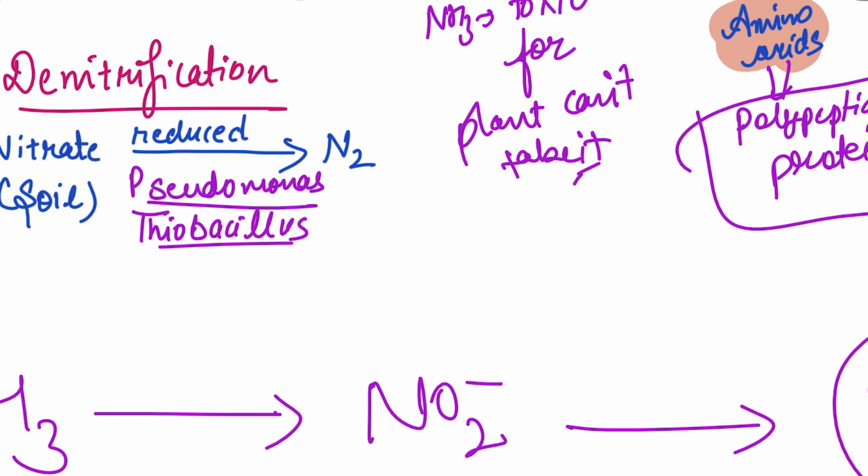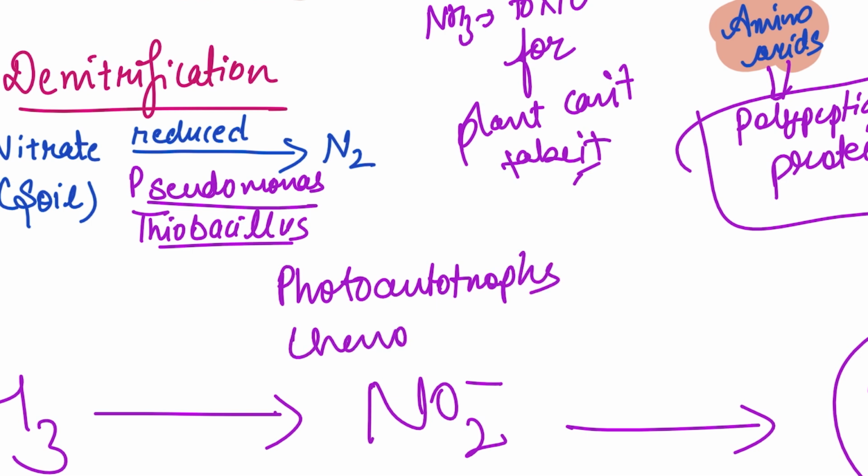There are 2 terms: photoautotrophs and chemoautotrophs. There are some organisms which are called photoautotrophs because they make food by using light.